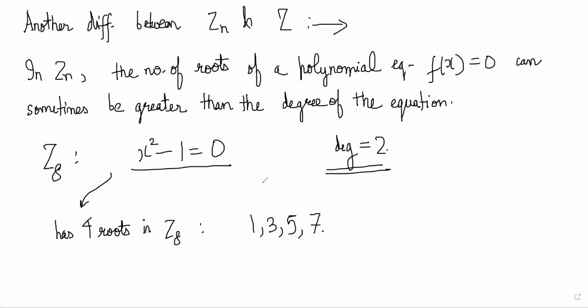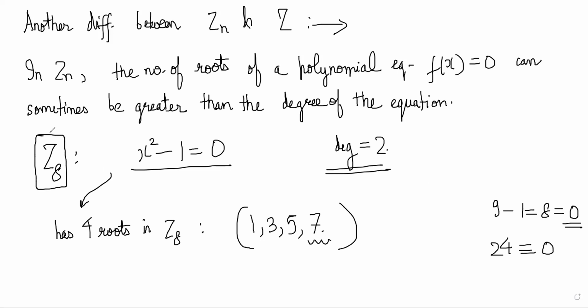What is 1 square minus 1? That is equal to 0 in Z8. 3 square minus 1 is 9 minus 1, which is 8, which is equal to 0 in Z8. 5 square minus 1 is 25 minus 1, 24, which is also divisible by 8. So 24 is congruent to 0 in Z8, right? And similarly, 49 minus 1, 48, right? So you are able to see that there are 4 roots for this quadratic equation in Z8, right?